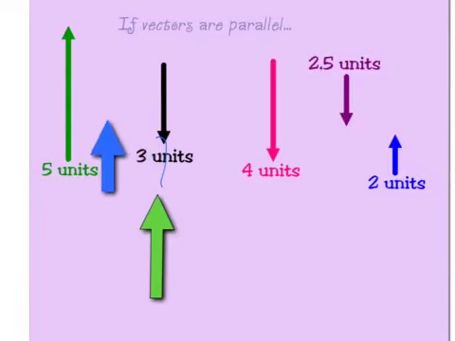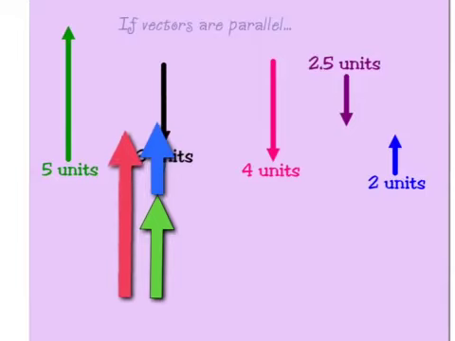Now, putting them tip to tail means that I take one of those vectors and move it so that its tail is at the tip of the other. Then I can see that my resultant vector is this entire length here. So if I add 5 and 2, I get the magnitude of my resultant, which would be 7.